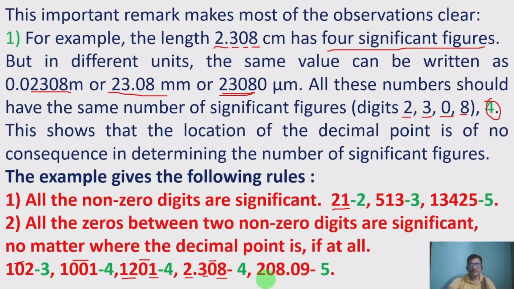Here 0 is between 2 and 8, non-zero digits, so it is also significant. And here 0 is between 8 and 9, two non-zero digits, and therefore that 0 also becomes significant, and in total there are 5 significant figures in this one according to the second rule.